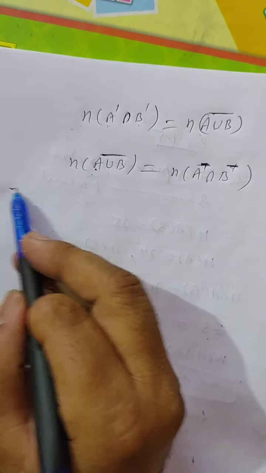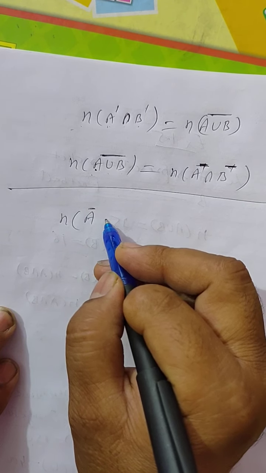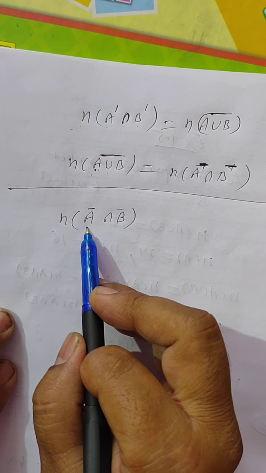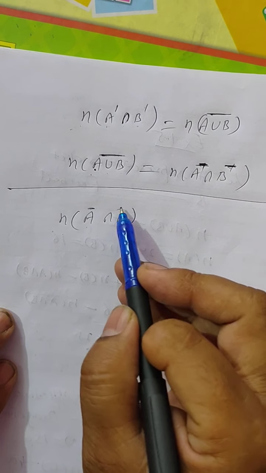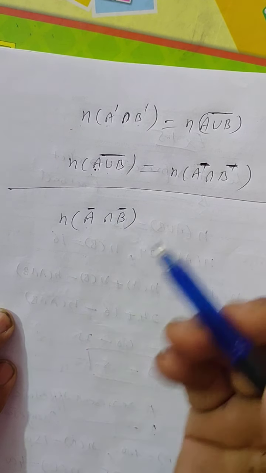तो यहाँ पे था we need to find n of A complement intersection B complement, neither apple juice nor orange juice. ये जो complement है ये रिप्रेजेंट करता है नोट को.